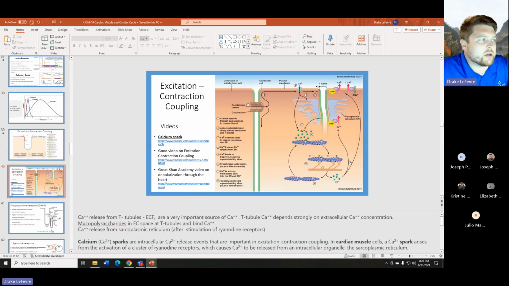So very similar to obviously the skeletal muscle, we have our T-tubule, right? Our signal gets transferred along either from the gap junction or through the T-tubule, depending on where the signal is coming from, whether directly from the contractile cells or from one of the other muscle cells.